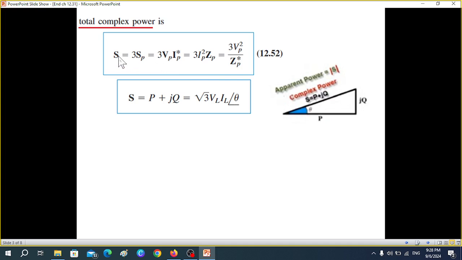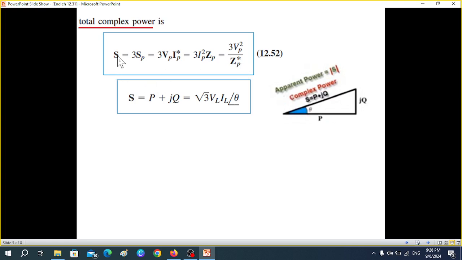Now there S is the total complex power, which is actually 3 times the per phase complex power. This P is for phase, so per phase complex power. And these are various formulas that we have learned. What we are interested in is this formula. The impedance we have to find, ZP.